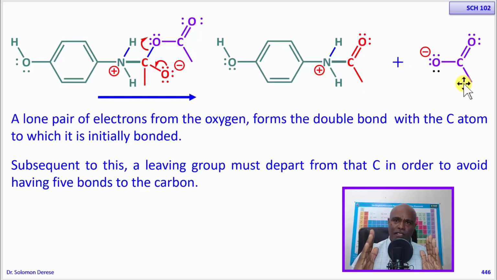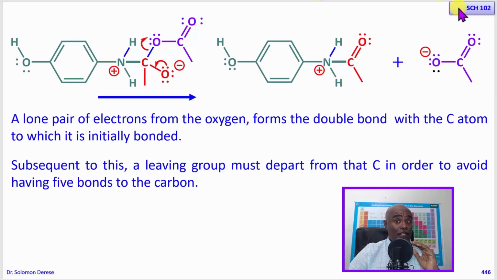At every stage of the reaction mechanism, the charges must be conserved. The net charge in the reactant must be the same as the net charge in the products. So these are the 2 intermediates that are formed.